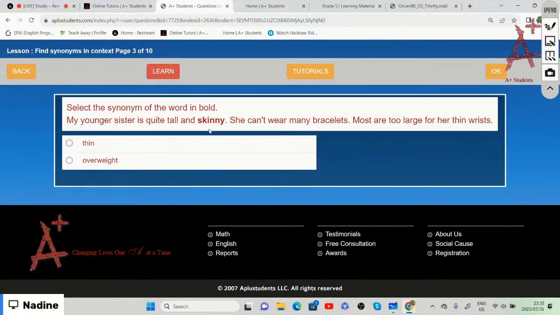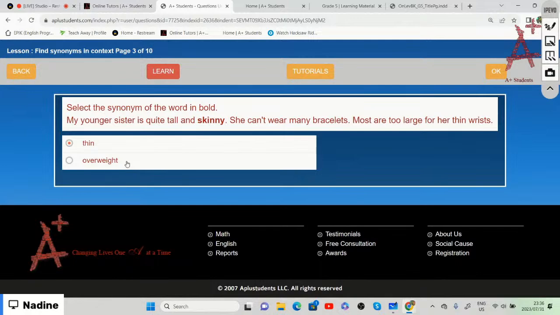All right, so if we look at the word skinny, and select the word that is similar in meaning to skinny, then we can say that it is thin, right? Because overweight is basically the opposite of skinny, or the opposite of thin. People don't use words like fat anymore because you see it as an offense, but they'll use words like overweight or more plump.